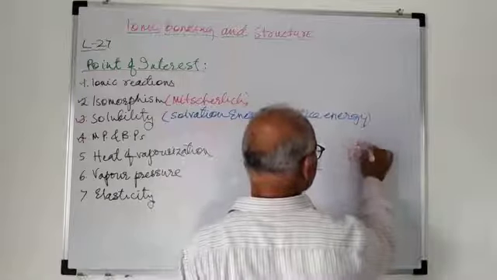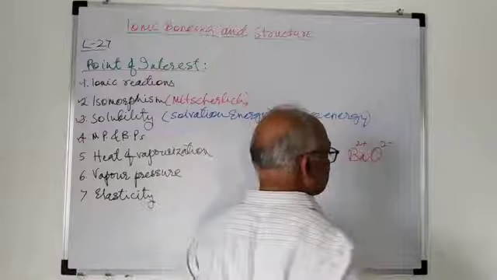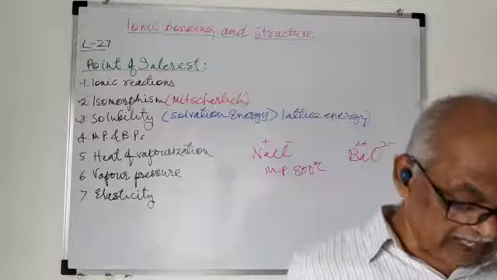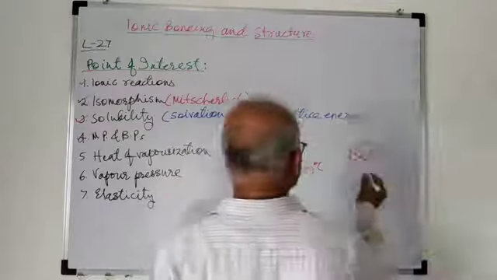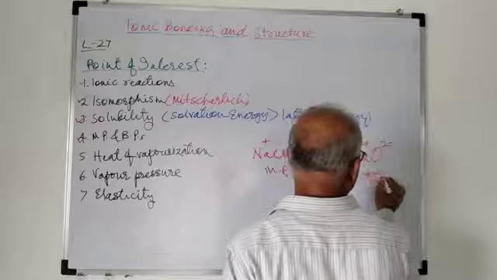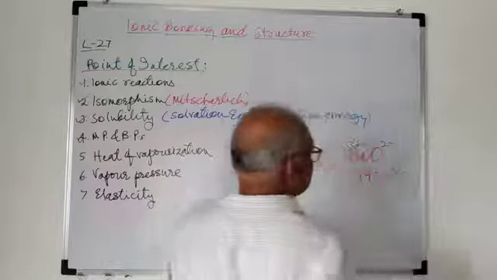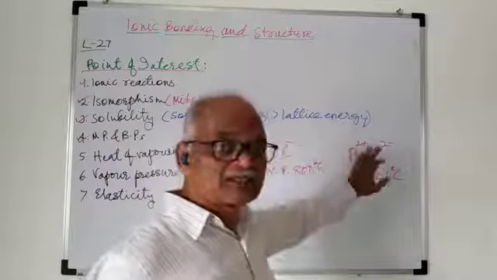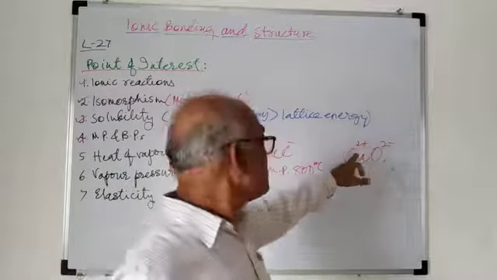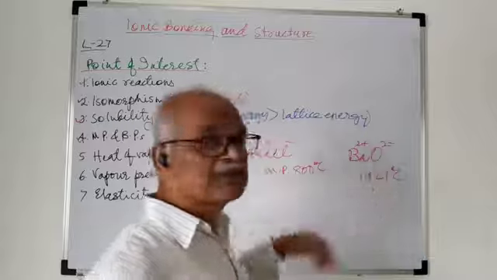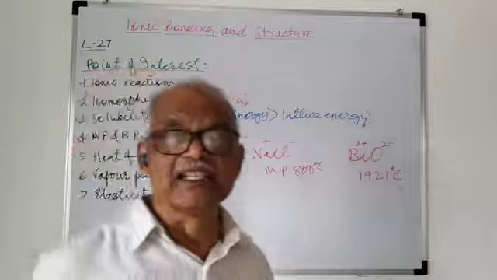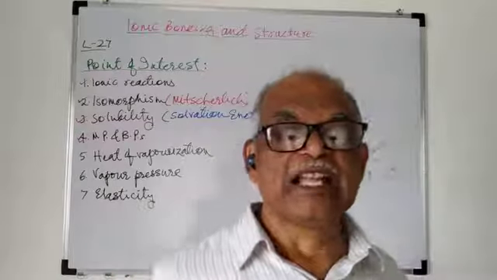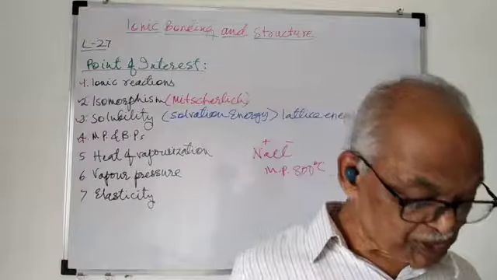Here Ba is 2 plus and O is 2 minus, and because of this the melting point is much higher. It is 1921 degrees centigrade. Because of the higher oxidation state of Ba and oxygen compared to Na and Cl minus, the melting point is much higher because the ionic bond is much stronger.